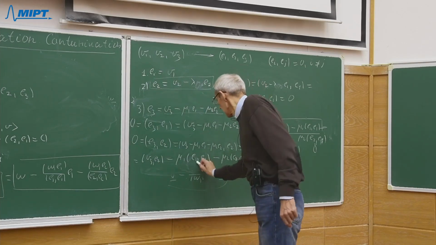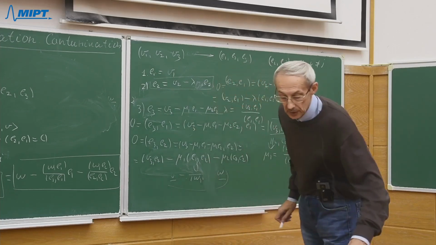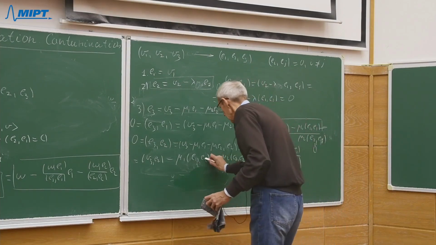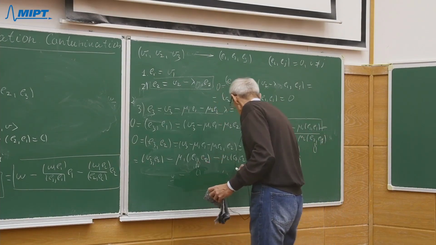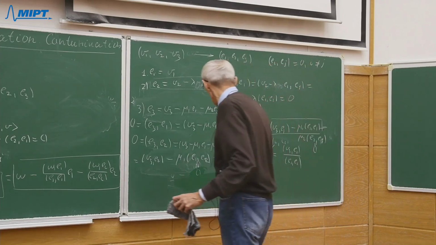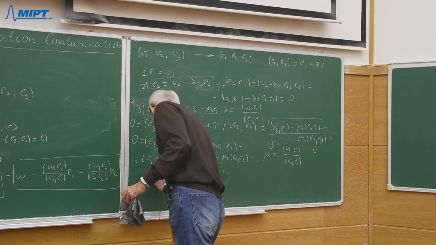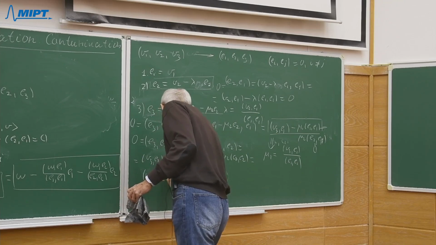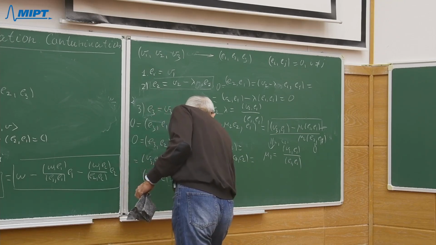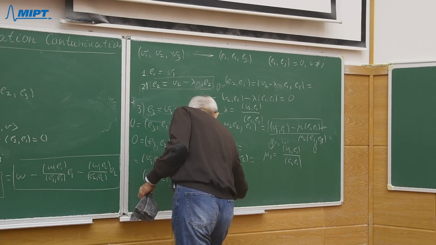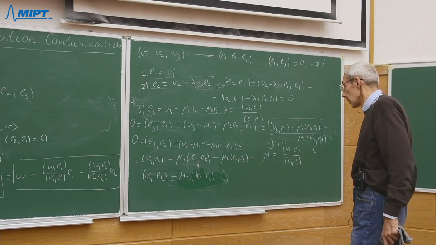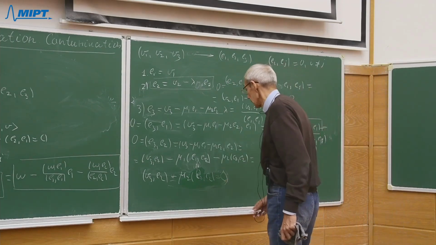and it is easy to see that this expression, the scalar product of the vectors E1 and E2, is equal to 0. And in the same way, we obtain the following expression: (V3, E2) minus mu2 times scalar product (E2, E2) is equal to 0.